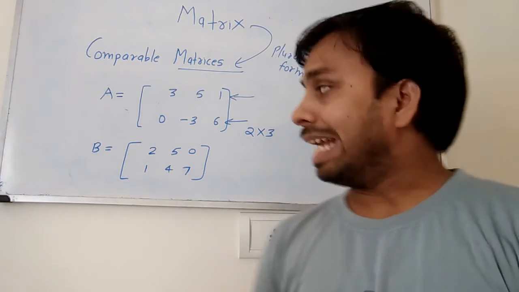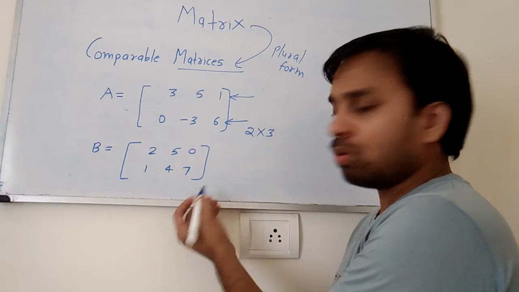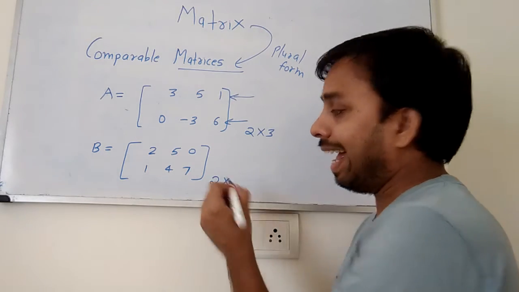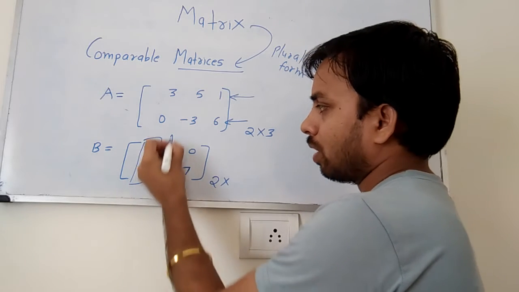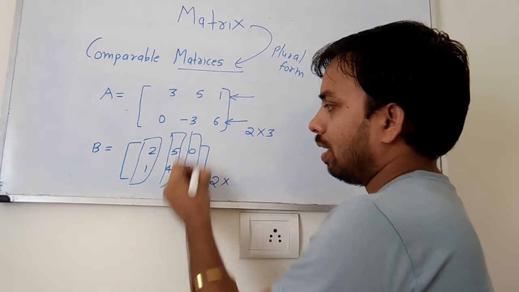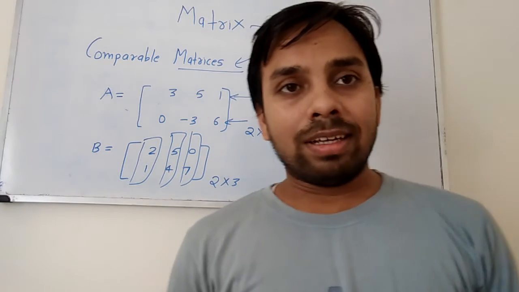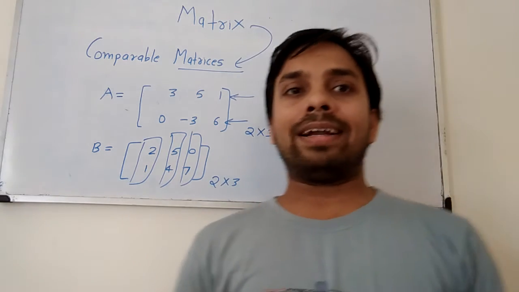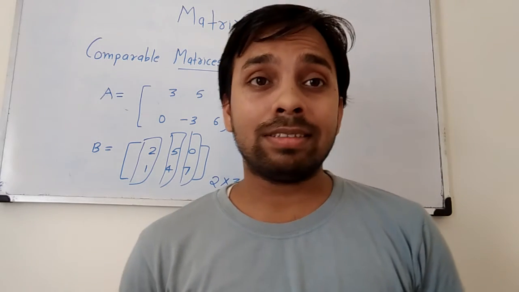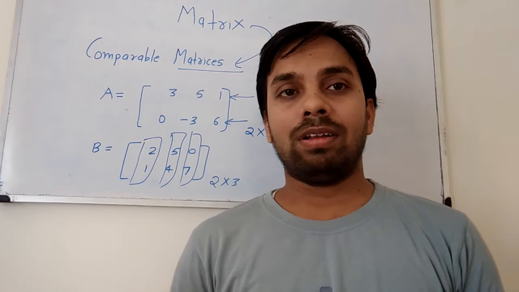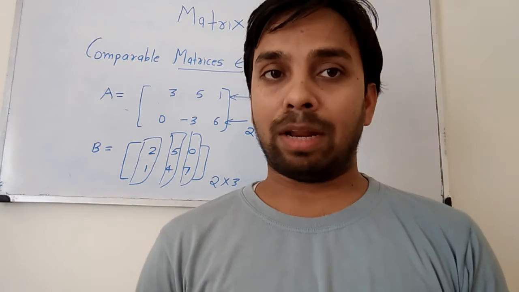Similarly, in matrix B, again there are two rows and three columns, first, second, and third. So you can see that both matrices have the same order. So we can say the matrices are comparable.